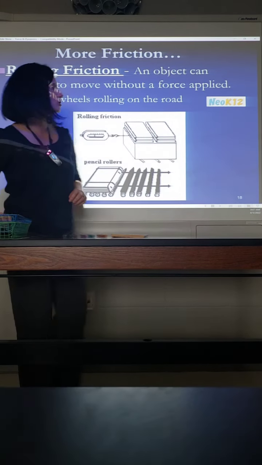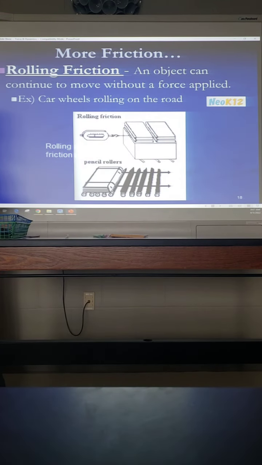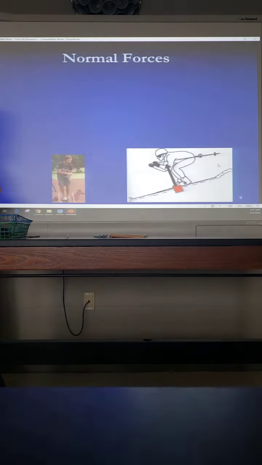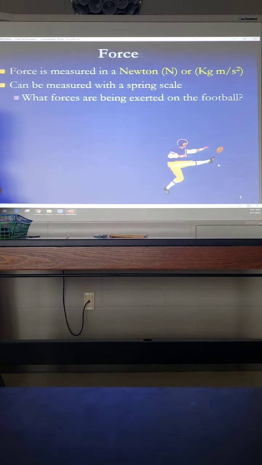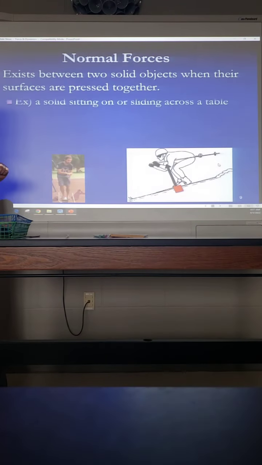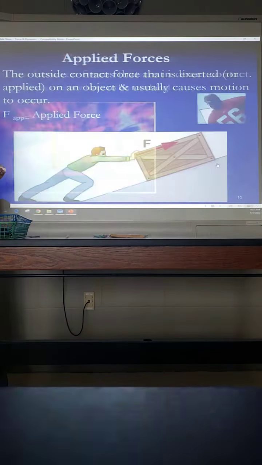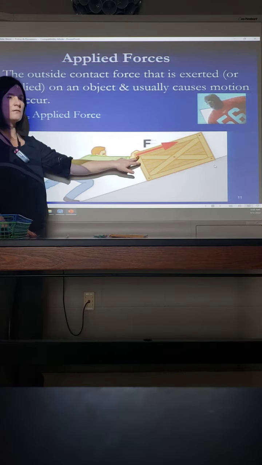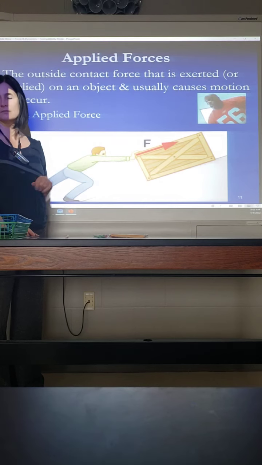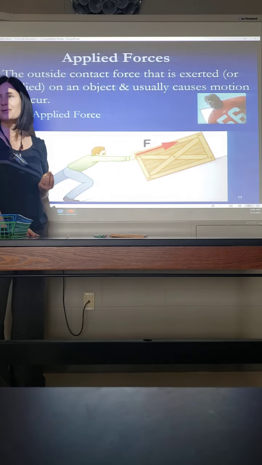But just like the picture, let me back up a second. If he lets go, when he's pushing this crate up the ramp, what's going to happen to the crate? It's going to slide back down, right?